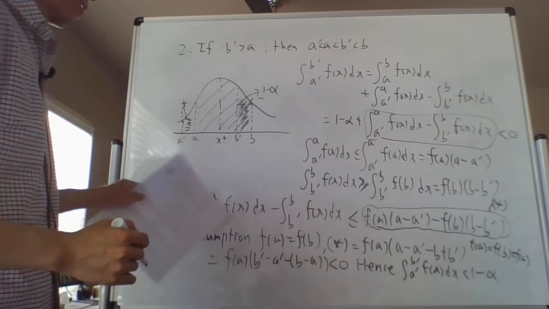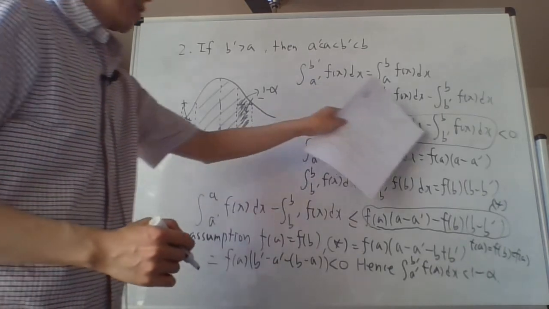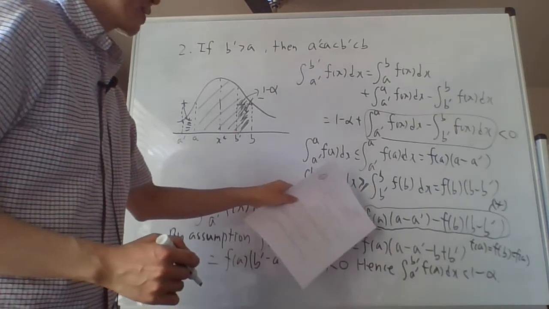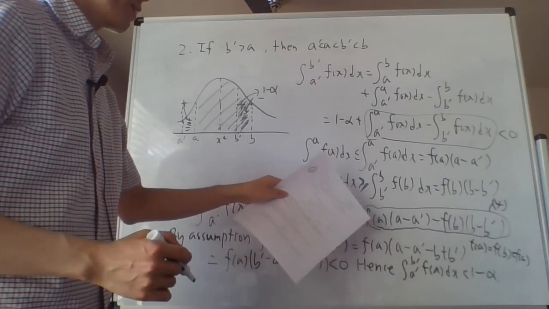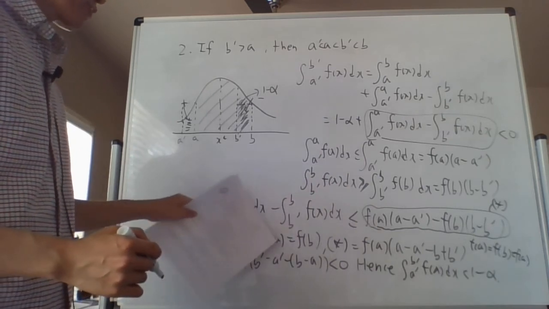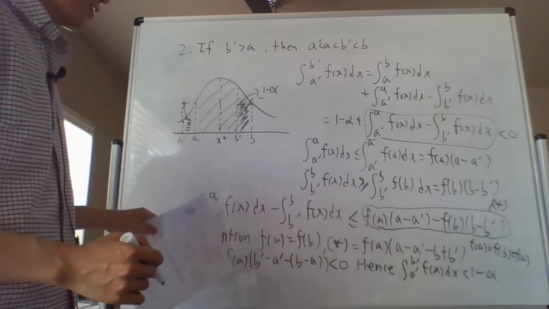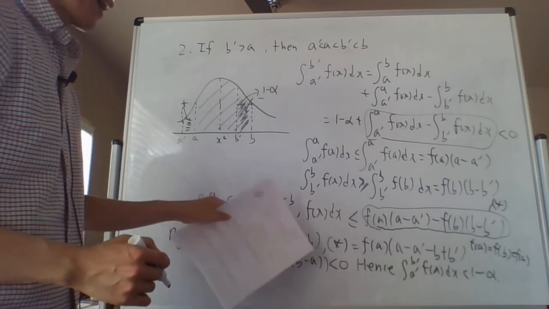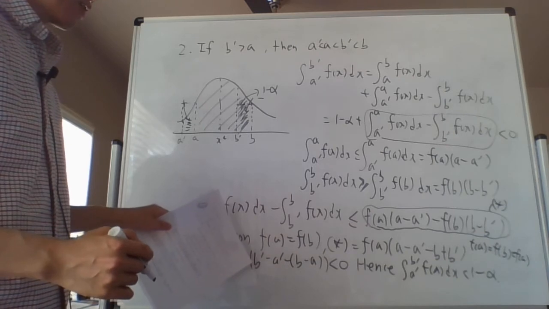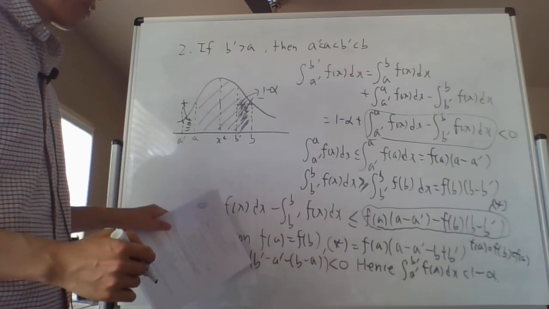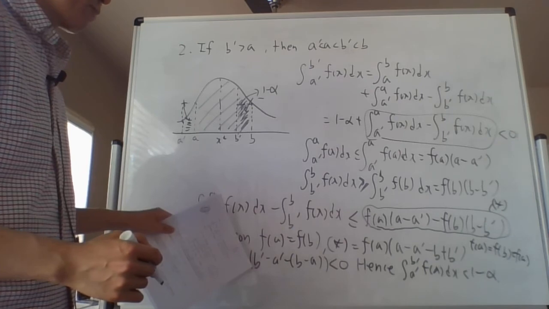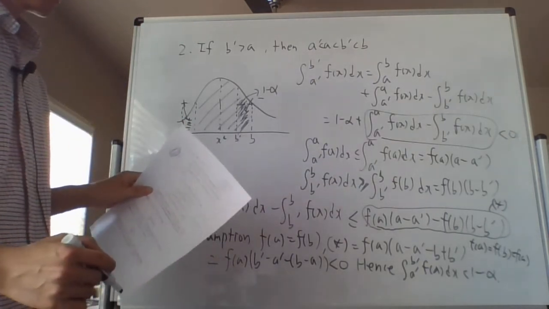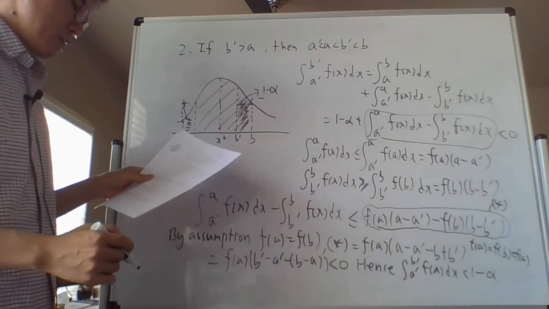So this area is smaller than f(a) times (a minus a prime) plus f(b) times (b minus b prime). By assumption, we can see that this is equal to f(a) times (b prime minus a prime minus (b minus a)). That's less than 0 because the interval a b is longer than the interval a prime and b prime. So this coverage based on interval a prime and b prime is less than 1 minus alpha.